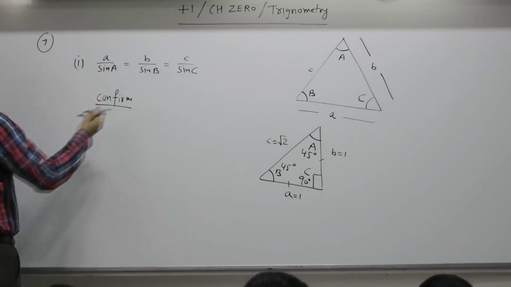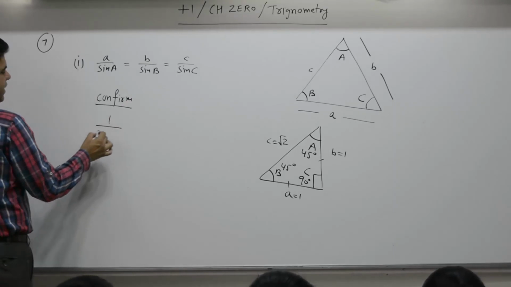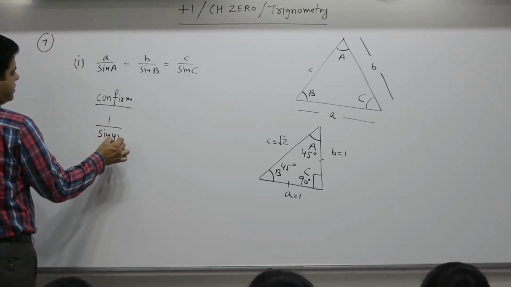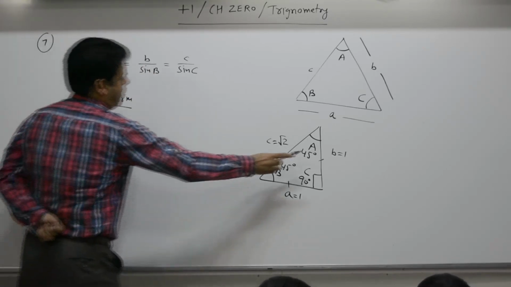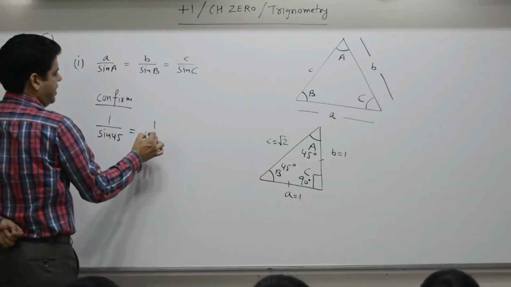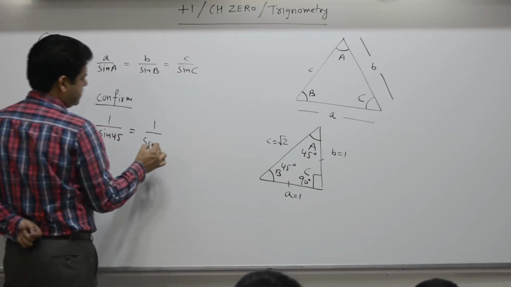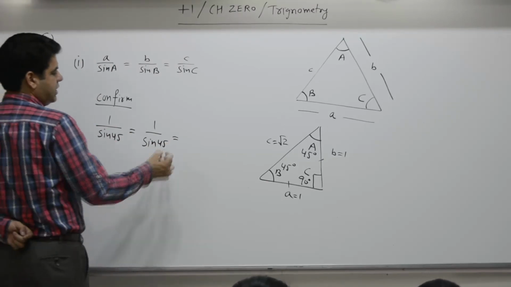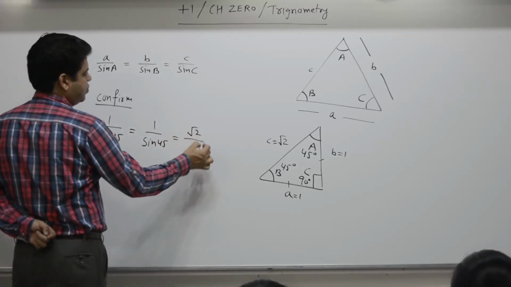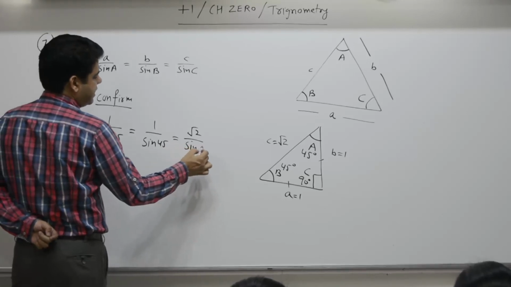A, yes, value of A is 1, divided by sine 45. B is 1 divided by sine 45, angle B is 45. C is root 2 divided by sine of C, sine 90 degree.